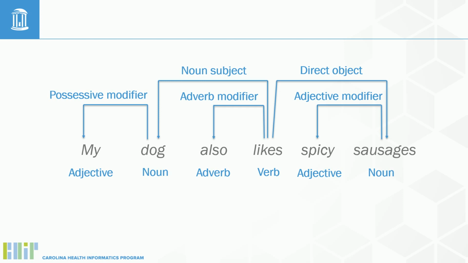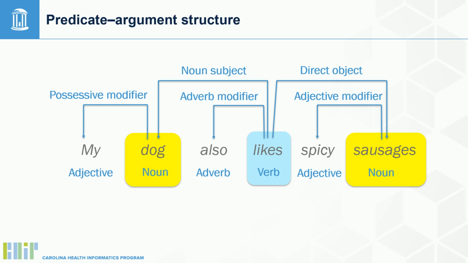The dependency analysis helps us parse the syntactic structure of a sentence and figure out its semantic meaning. In this sentence, dog likes sausages serves the major part of the meaning. Linguistically, we can represent this relation with a predicate-argument structure. A predicate generally refers to the verb that connects to the subject of a sentence. It functions as a glue to hold things together and construct the backbone of the sentence with the subject.